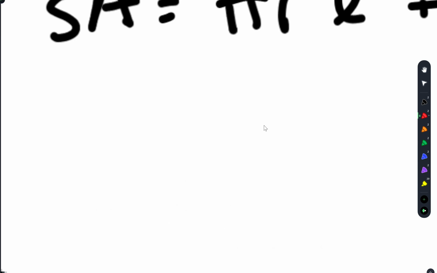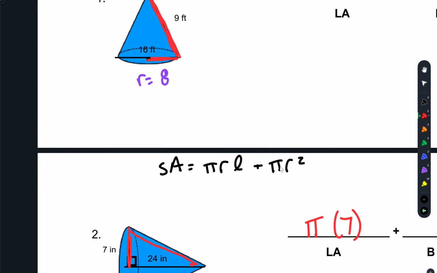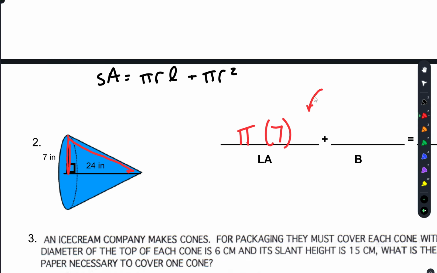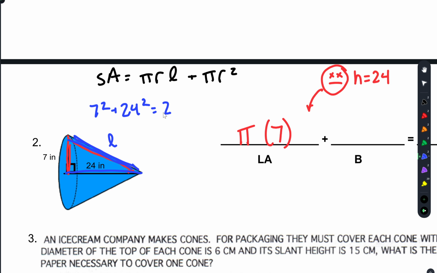I want to be very, very careful here when I'm filling in this formula because they will try to trick you. That is not the same as height. Height is 24. Slant height is this guy right here. I have to do a little bit of Pythagorean theorem. 7 squared plus 24 squared equals slant height squared.